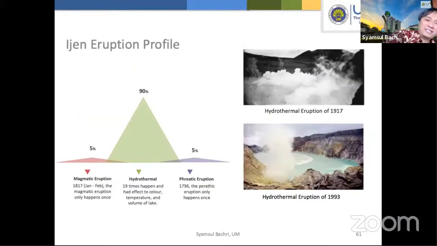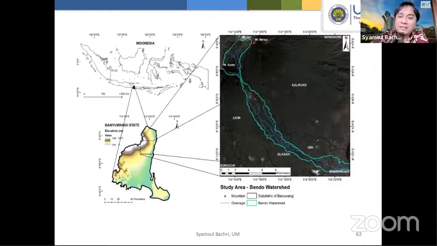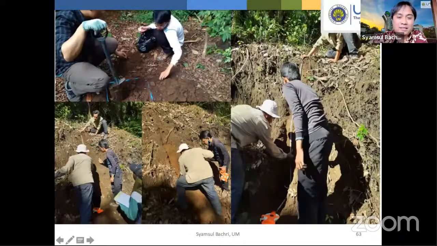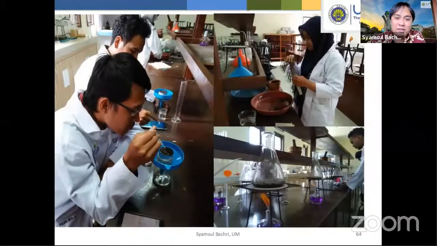In Mount Ijen, this is the Ijen profile, also the volcanic eruption history data there, and this is the area. And again, I did all the materials investigations, taking soil samples, measuring the minerals, and doing work in the laboratory.